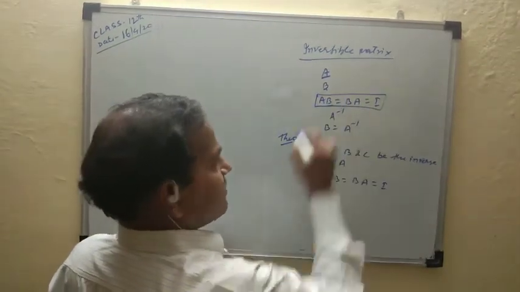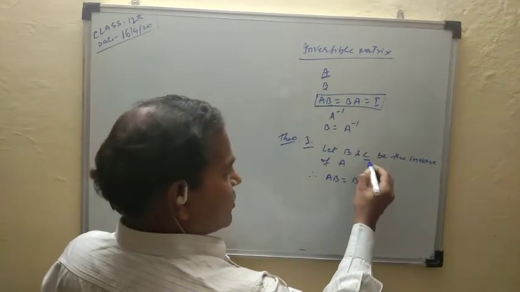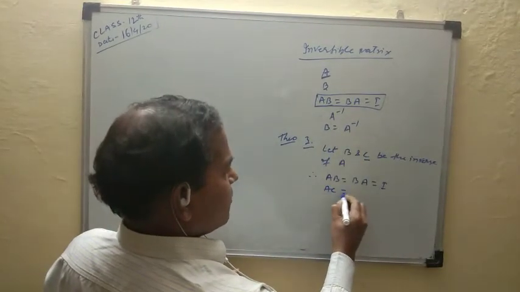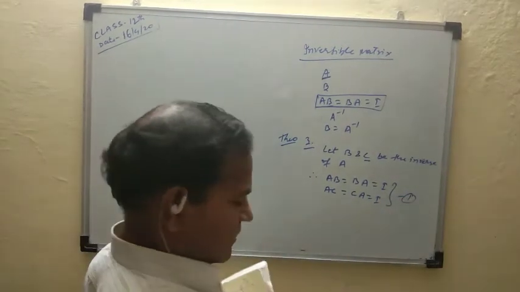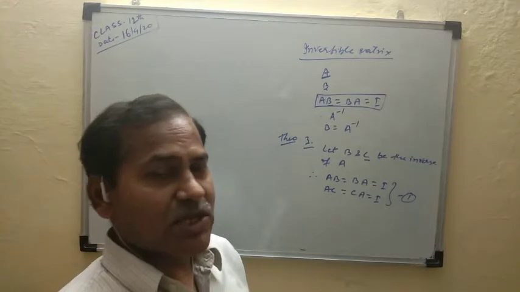Similarly, C is also an inverse of A, so A into C is equal to C into A is equal to I.